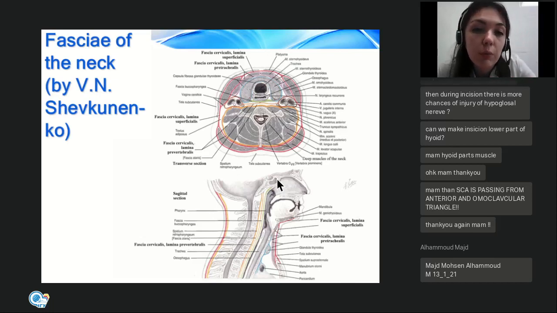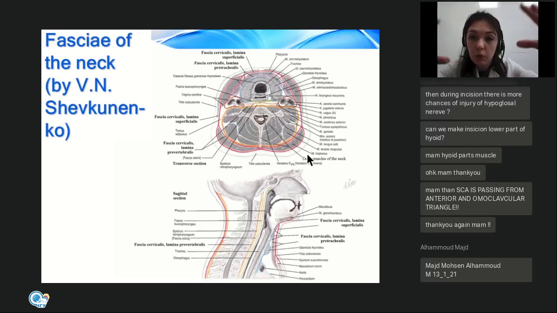So there is the most superficial fascia of the neck, fascia colli superficialis, that surrounds all the layers, and it covers platysma from all sides. Musculus platysma is the most superficial muscle of the neck. Then under it, there is the proper fascia of the neck, and the proper fascia of the neck has 2 laminae, 2 plates or layers.